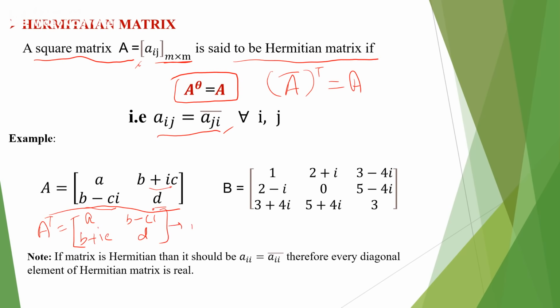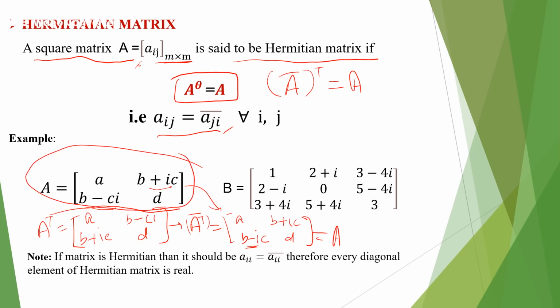Then we take the conjugate of that transposed matrix. So we get a, b minus iota c, conjugating the complex entry, and b plus iota c and d. So again we obtain the matrix A. This type of matrix is what we call a Hermitian matrix.